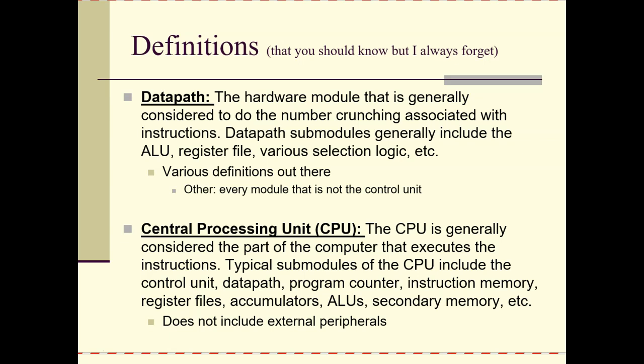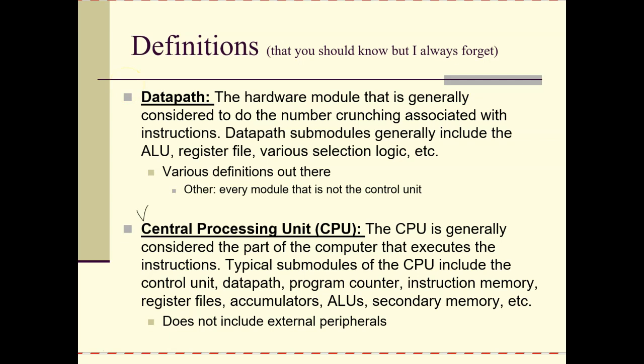We talk about CPU quite a bit, central processing unit. Oftentimes in a modern computer, there's not a single central processing unit. There are multiple processing units. Central processing unit is a kind of dated term. Back when hardware was so expensive, you had one piece of hardware that did all the data crunching. That's generally not the case anymore.